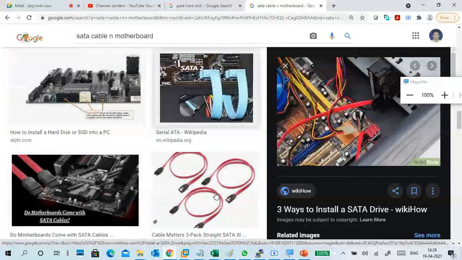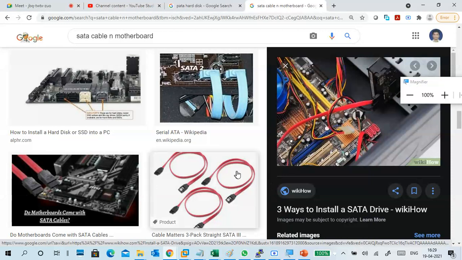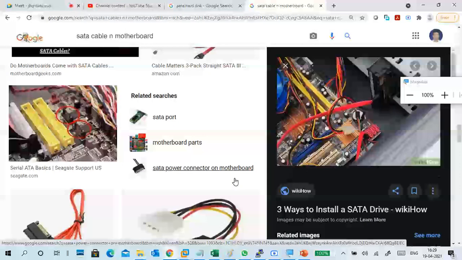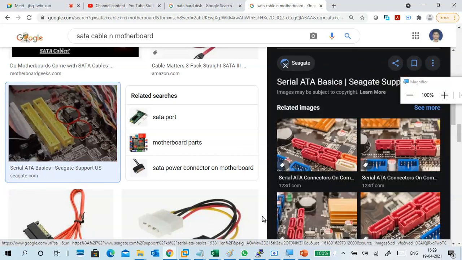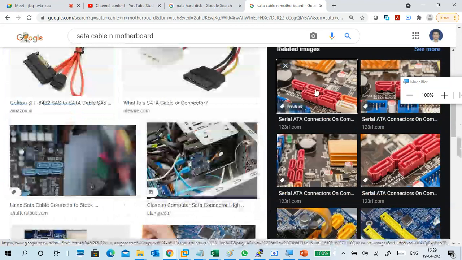Certain motherboards give only two SATA cables. Mini motherboards give at least one IDE, in case you are using an old style hard disk, and SATA cables also.